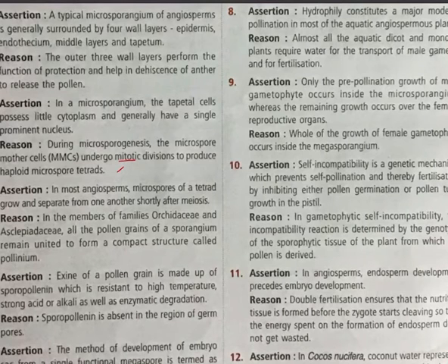Question number 4. Assertion: In most angiosperms, microspores of a tetrad grow and separate from one another shortly after meiosis. I think the statement is correct. Reason: In the members of families Orchidaceae and Asclepiadaceae, all the pollen grains of a sporangium remain united to form a compact structure called pollinium.